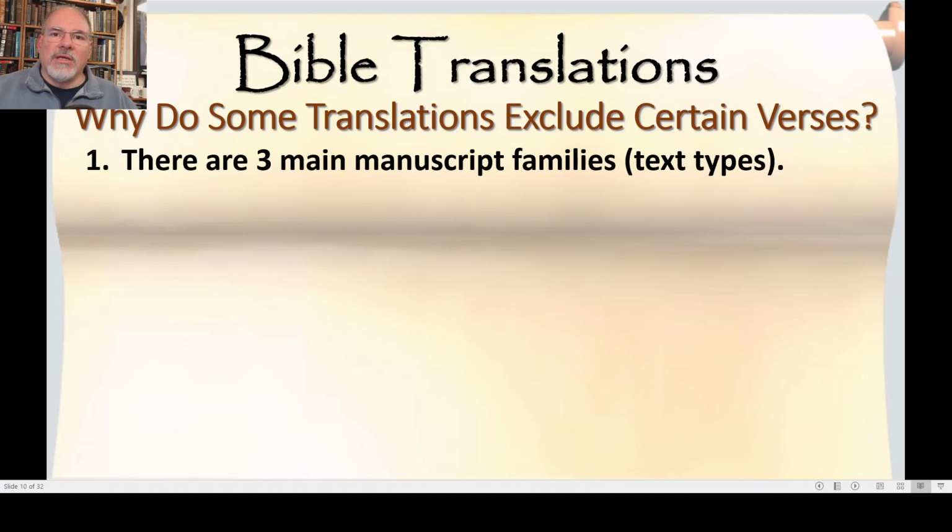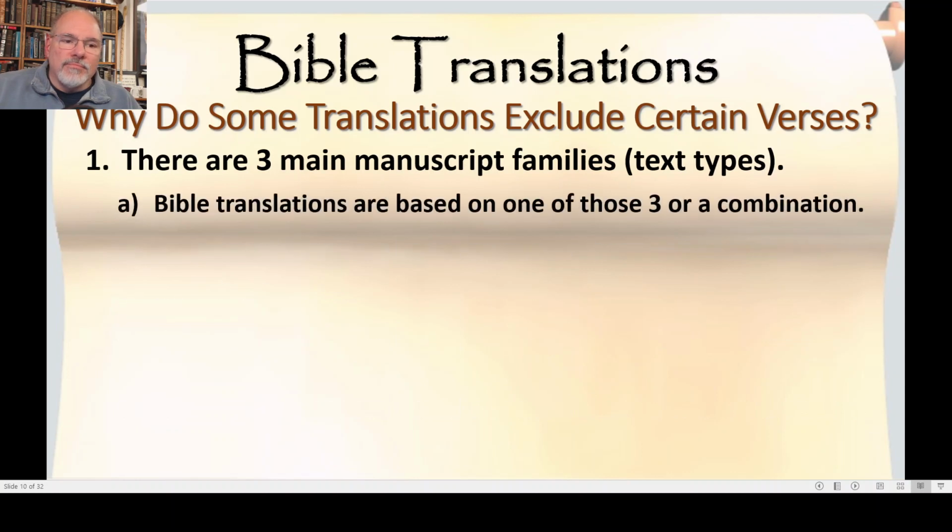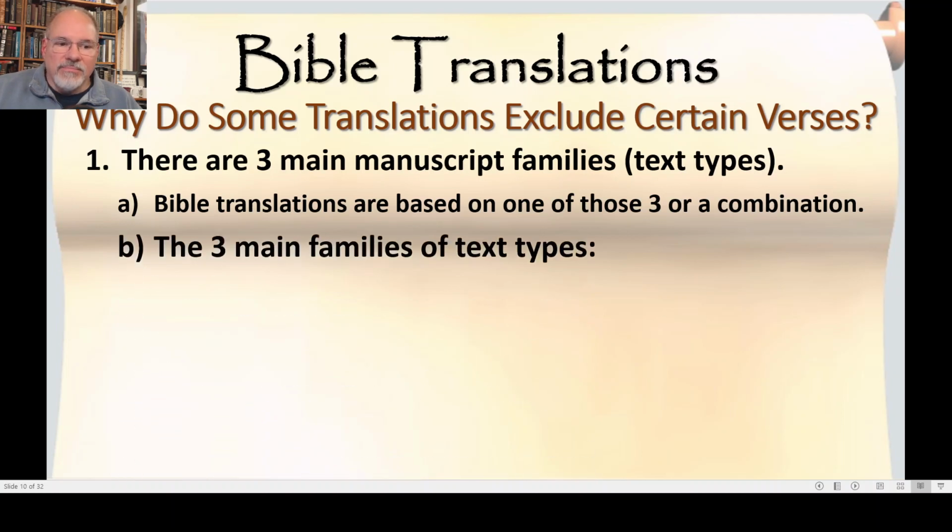We're talking about the Greek manuscript copies that make up the New Testament, that are in existence, that are used to make translations. Okay, so Bible translations are based on one of these three manuscript families or text types, and I'll show you what that means in a minute, or a combination of them.